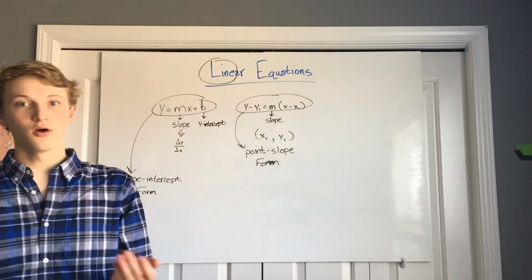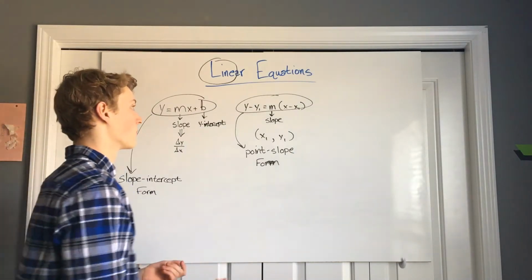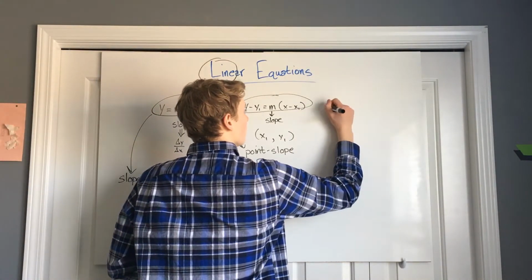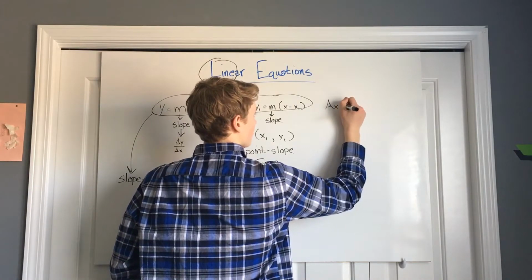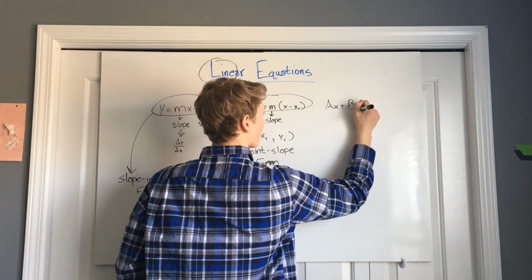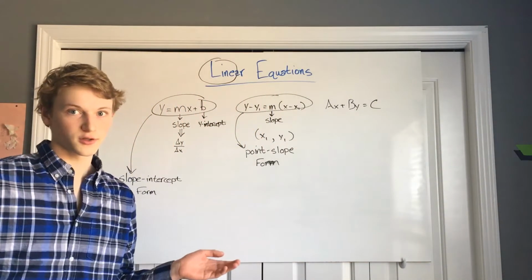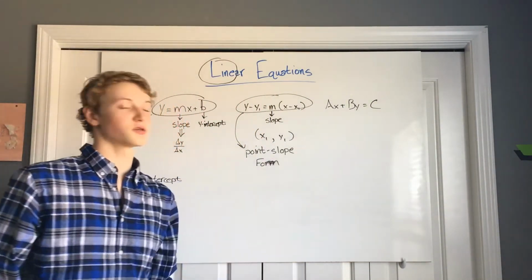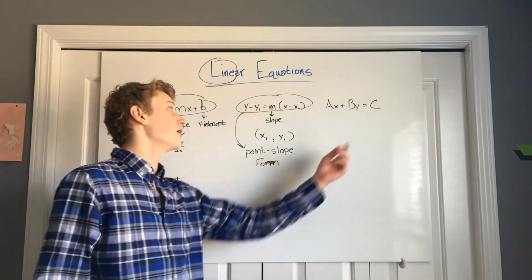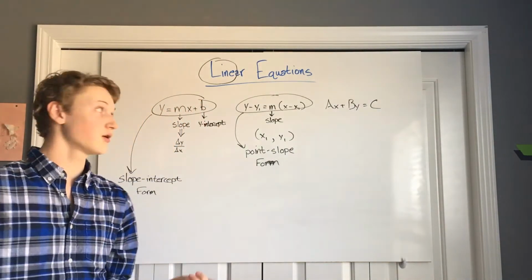So finally, we have standard form. This is represented ax plus by equals c. The a is just a coefficient that goes on the x, the b is just a coefficient that goes on the y, and the c is just a coefficient.